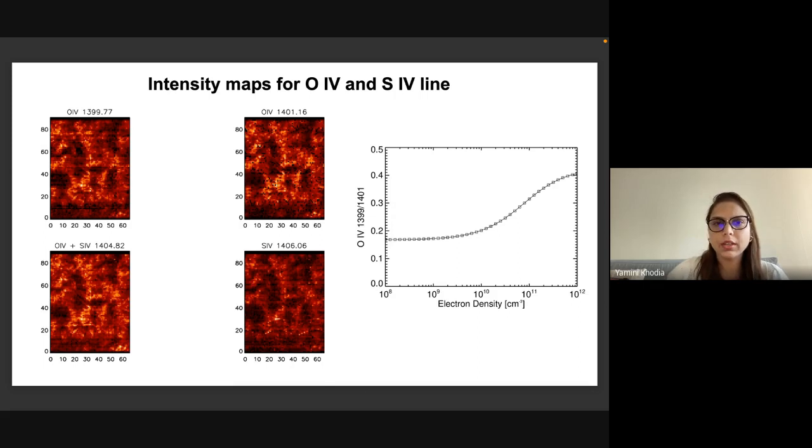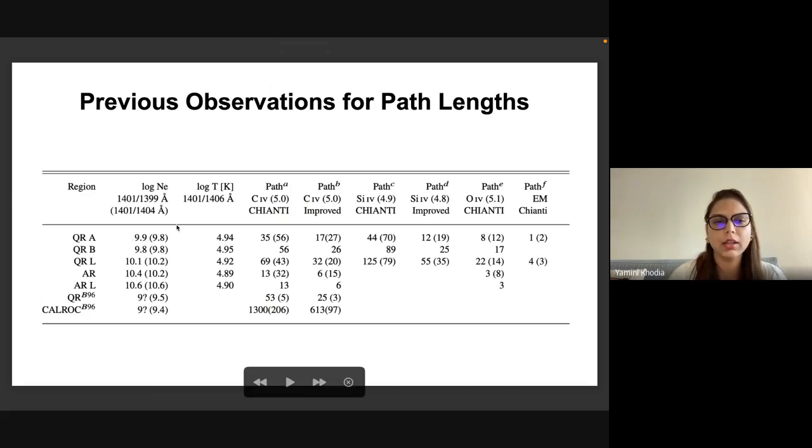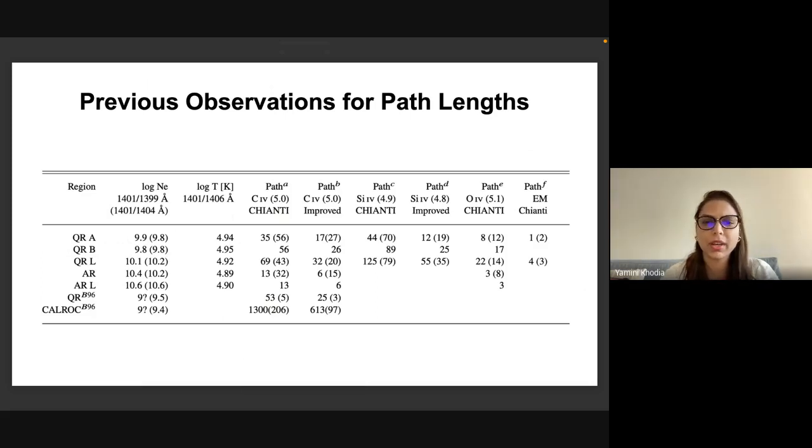But one of the interesting additions to this work was that these are the previous observations for different quiet regions using different ratios and considering different isothermal formation temperatures.